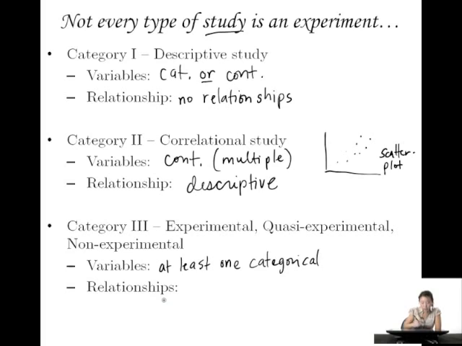And here, you could look at descriptive relationships, but for one of these, the experimental one, you could also look at causality. But you cannot look at causality with quasi-experimental, not quite, not all the way, nor non-experimental. So even though you can look at causality within category 3 research strategies, it's really only the experimental research strategy that can look at causality.